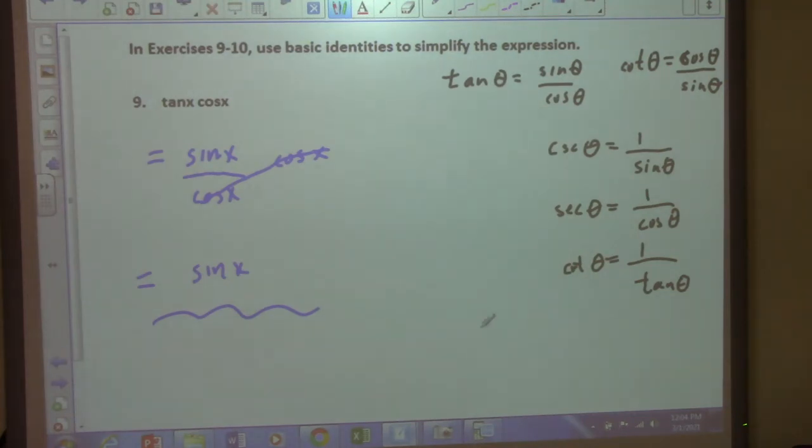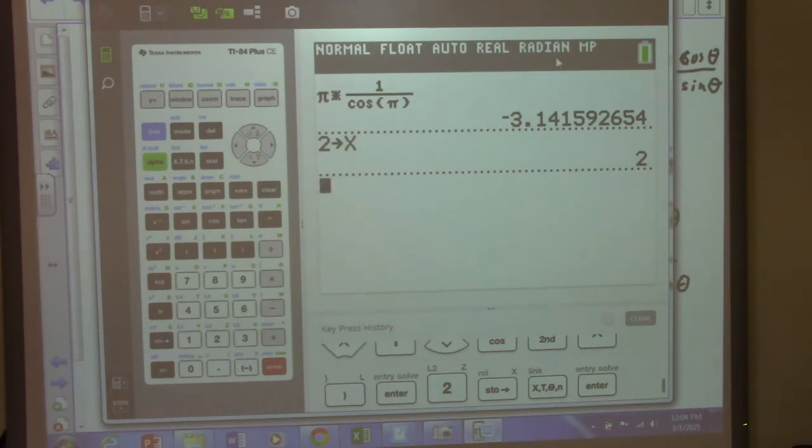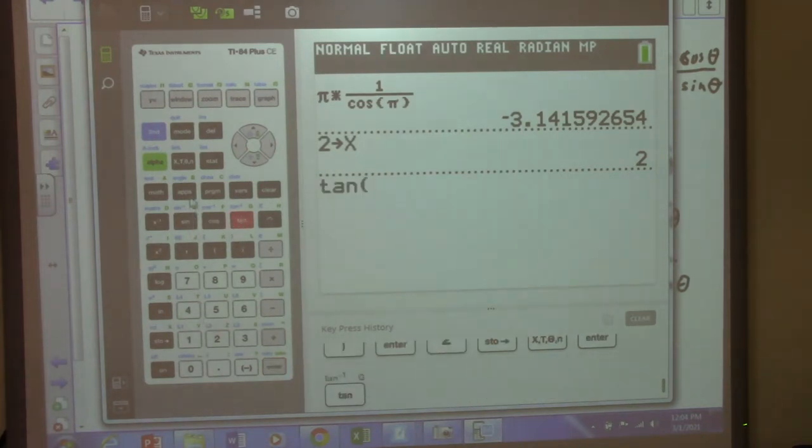So for instance, if I want to test this, I could get to my calculator and leave it in radians here. I could put 2 store to x, and since I know I'm in radians, I can put tan x cosine x, and we see if we get the same as sine x.